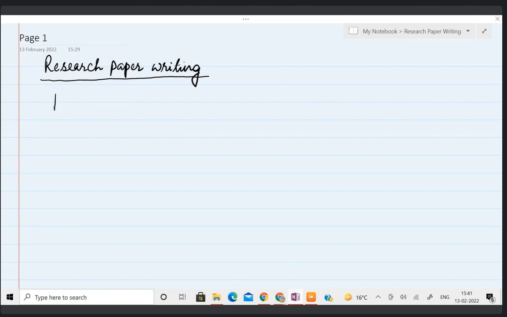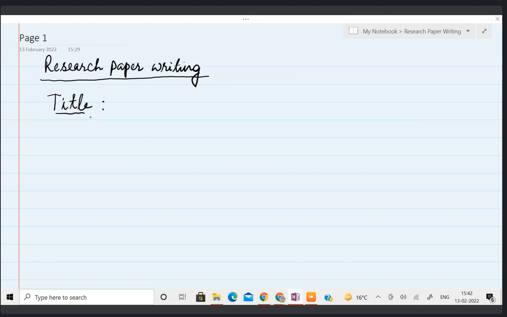So the first thing that a research paper has is a title. What should be the title of any research work that you are doing is quite important, and it is the first thing that anybody in the research community who is interested in knowing about your research would know from the title that you have given for that work in the paper.